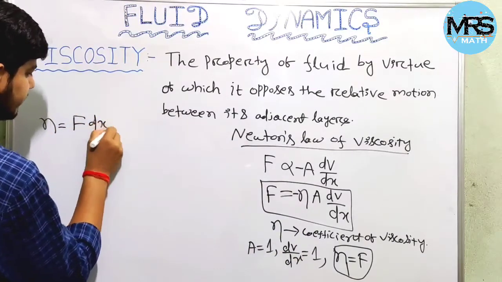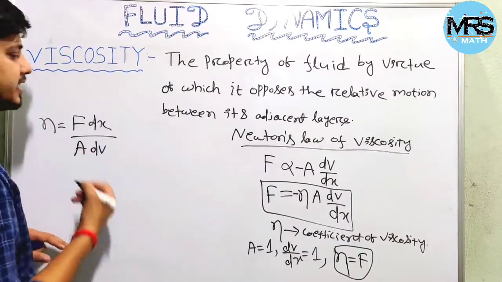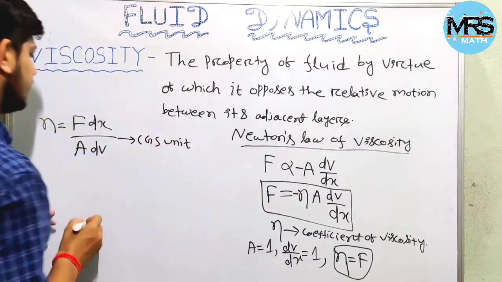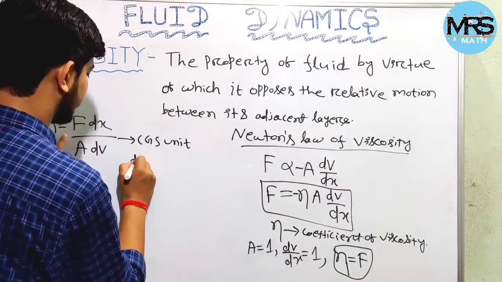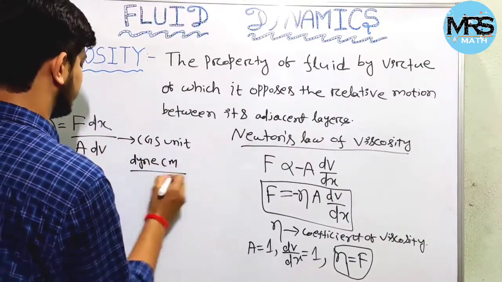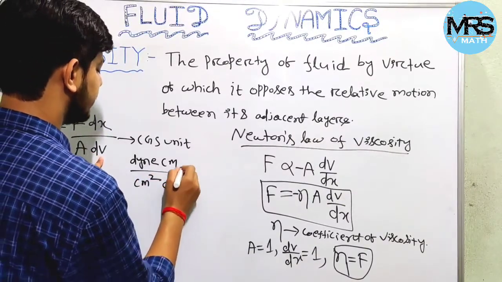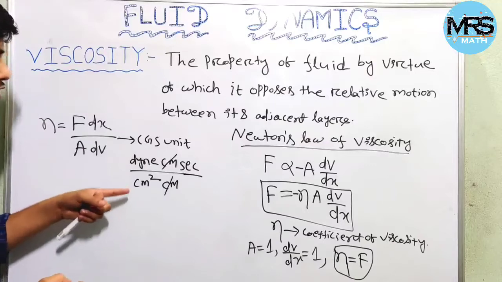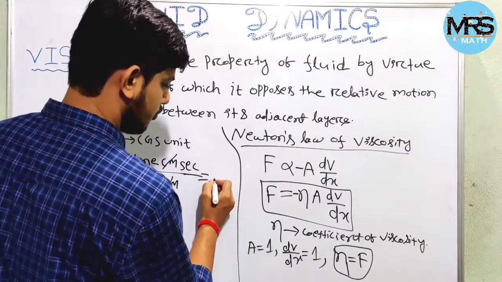First of all, if we consider the CGS unit, F will be dyne, dx will be centimeter, A unit is centimeter square, and dv is centimeter per second. So the centimeter will cancel, and whatever the remaining terms are, that is called poise.